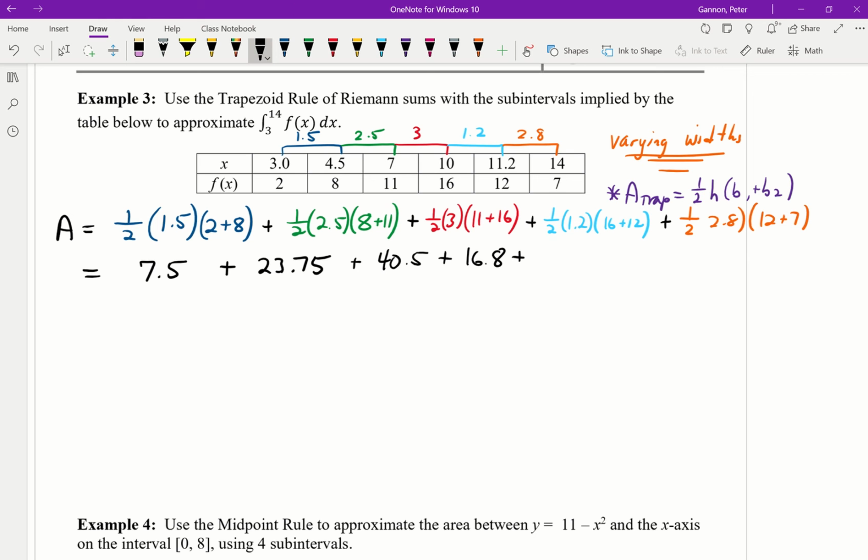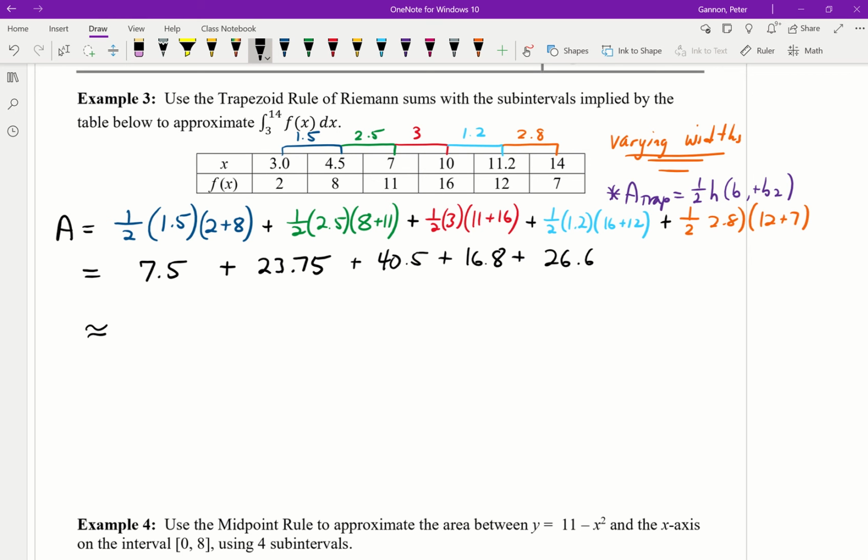We got one more. 12 plus 7, that's 19, times 2.8. And then if we divide that by 2, we get 26.6. And when we add all those together, we've got 7.5 plus 23.75 plus 40.5 plus 16.8 plus 26.6.